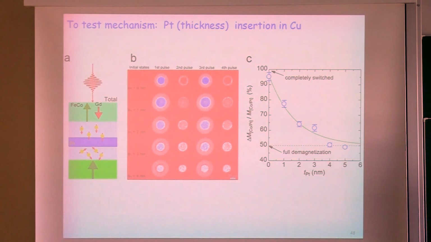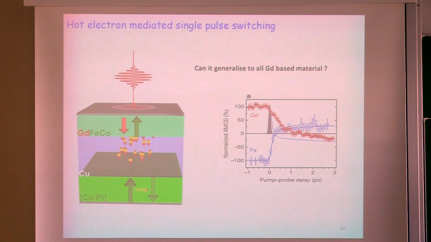So it makes sense if we say that once the polarized electrons go through the platinum, if it's not really thick, they are going to be slightly depolarized. If it's thicker than 2 or 3 nanometers, then they are totally depolarized. So it looks like, in this case, the switching of the cobalt here is due to some hot electrons going from the gadolinium to the cobalt.